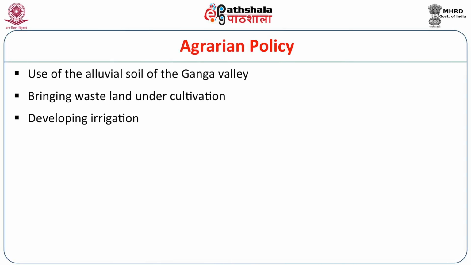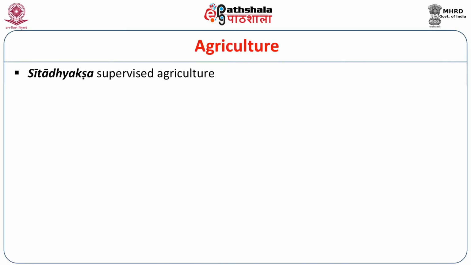Number 3, developing irrigation. It is required because without irrigation, agricultural operations cannot be possible. So, irrigation is necessary. Next, agricultural activities were conducted by a high-ranking officer of the Mauryan government, the Sitadhyaksha.